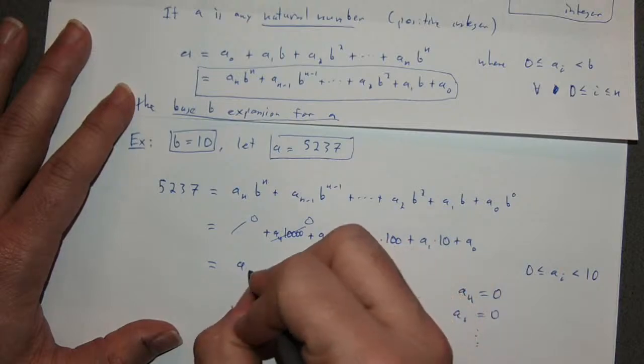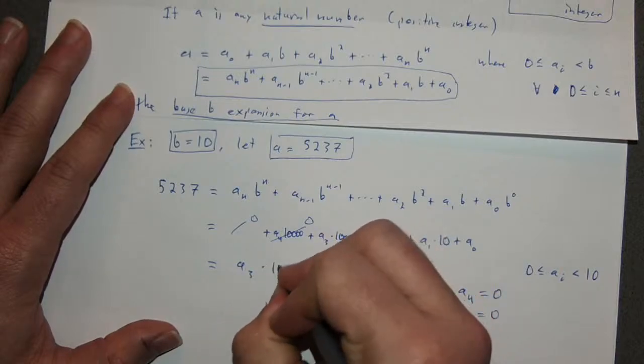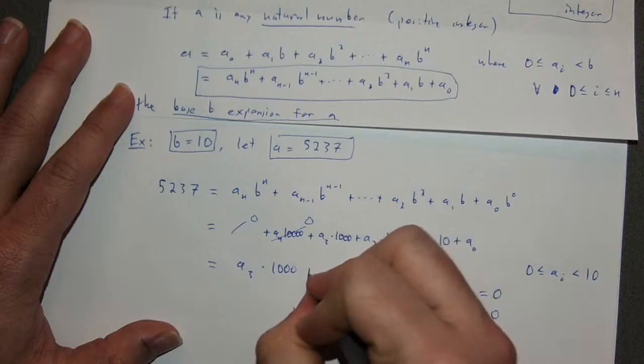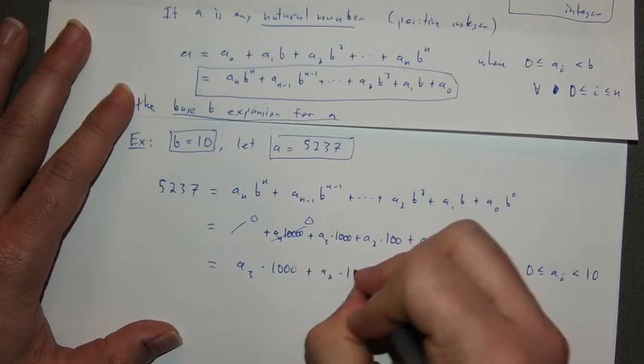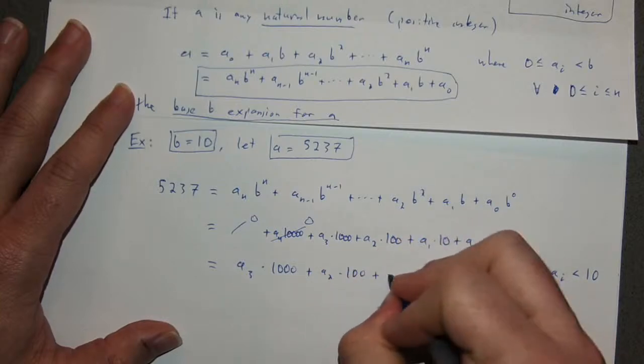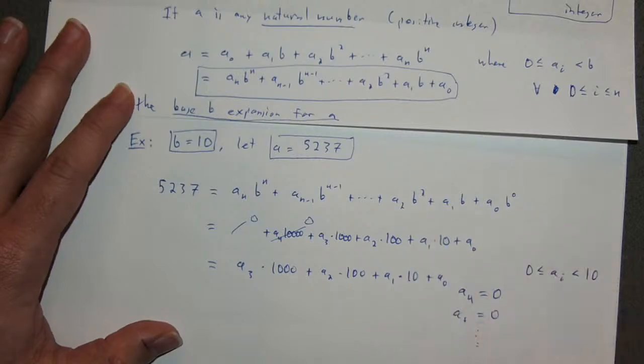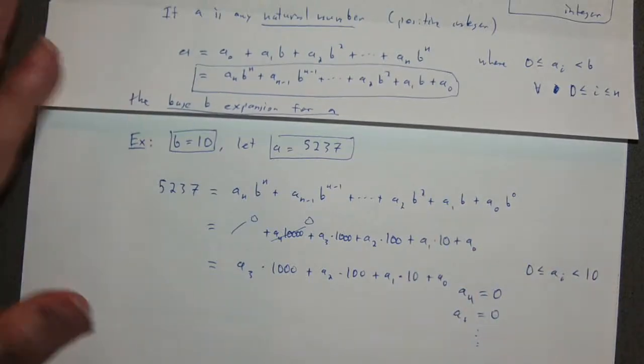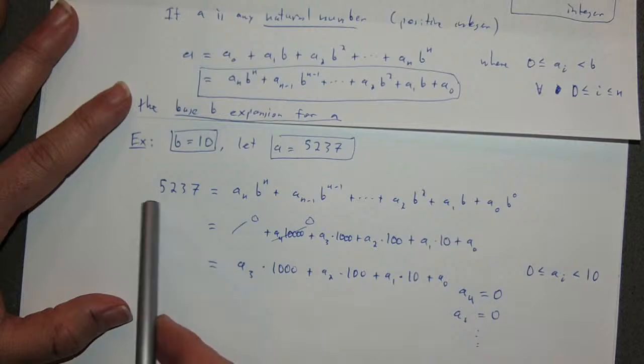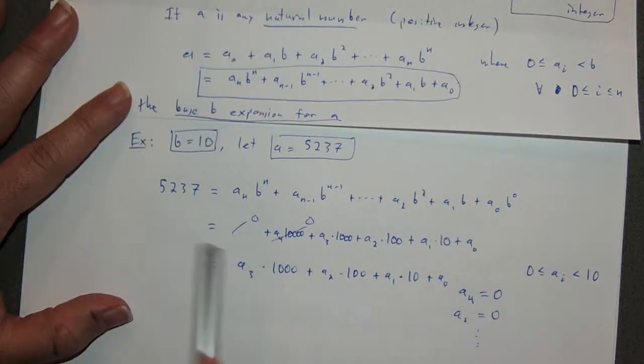So this would be a sub 3 times 1,000 plus a sub 2 times 100 plus a sub 1 times 10 plus a naught. So 5,237, it's something times 1,000 plus something else times 100 plus something else times 10 plus something else times 1. What is this?